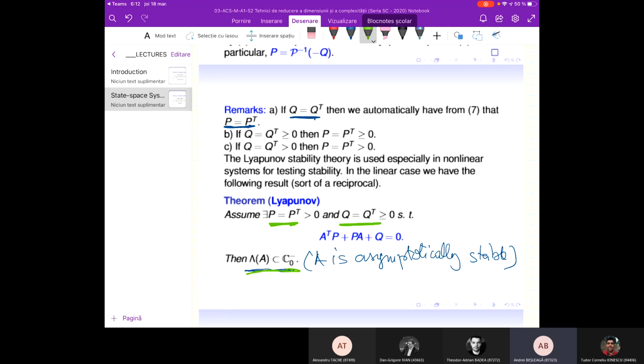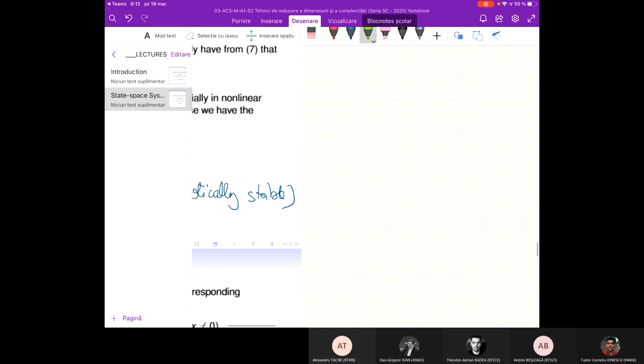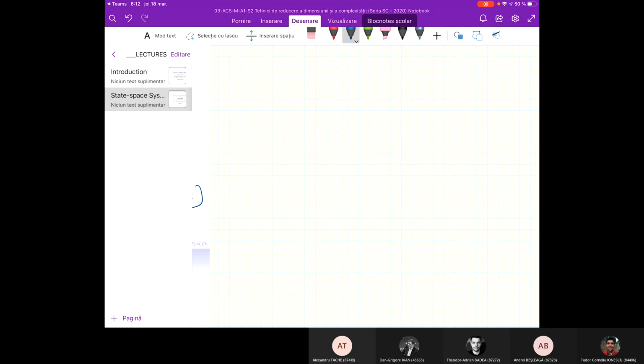But the idea is, this essentially looks like an energy function. So the Lyapunov idea is like this. You have a dynamical system, x dot equals Ax plus Bu.